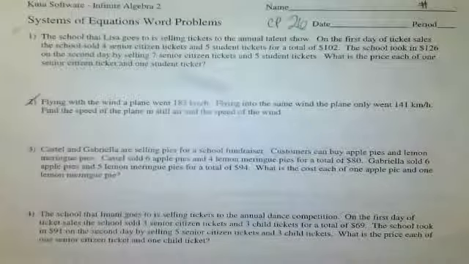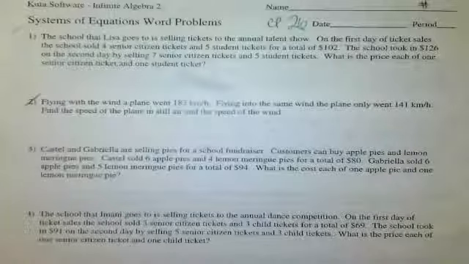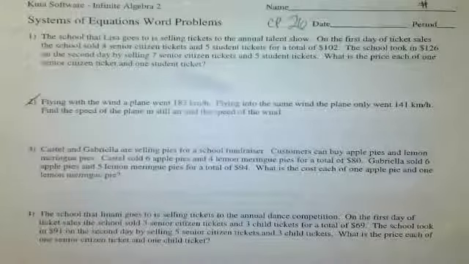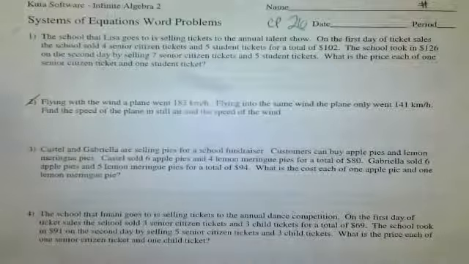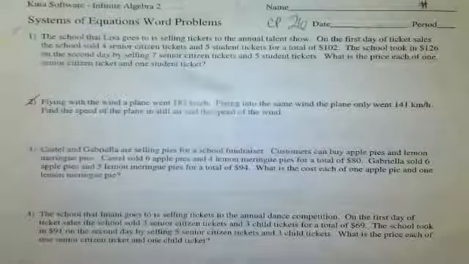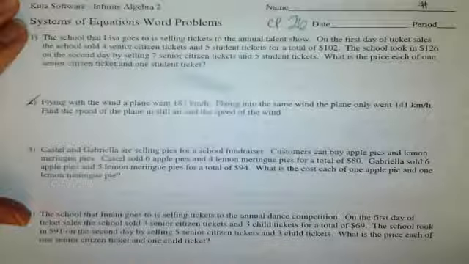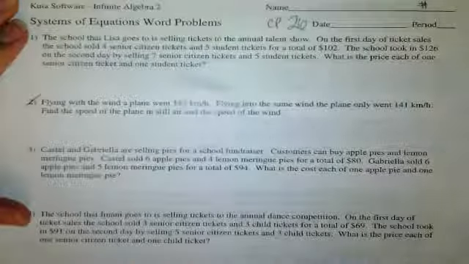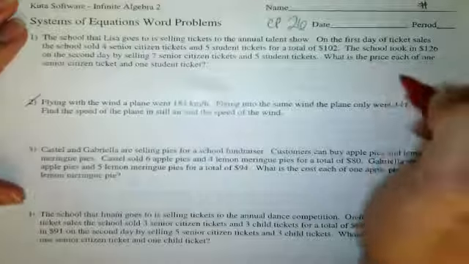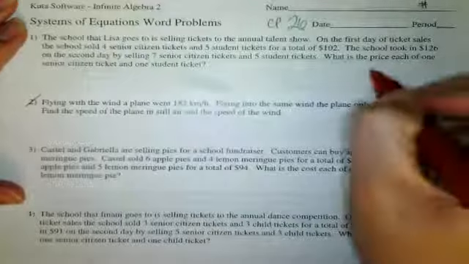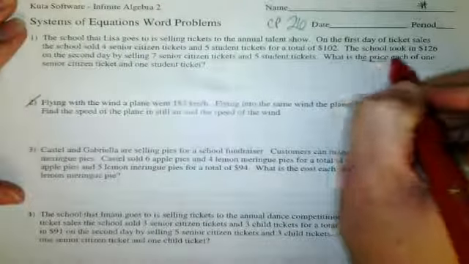The school took in $126 on the second day by selling 7 senior citizen tickets and 5 student tickets. What is the price of each 1 senior citizen ticket and 1 student ticket? What do you need to do first? Define the variables. Go to the question. What are we trying to find in this question? The price of 1 senior citizen ticket and 1 student ticket.